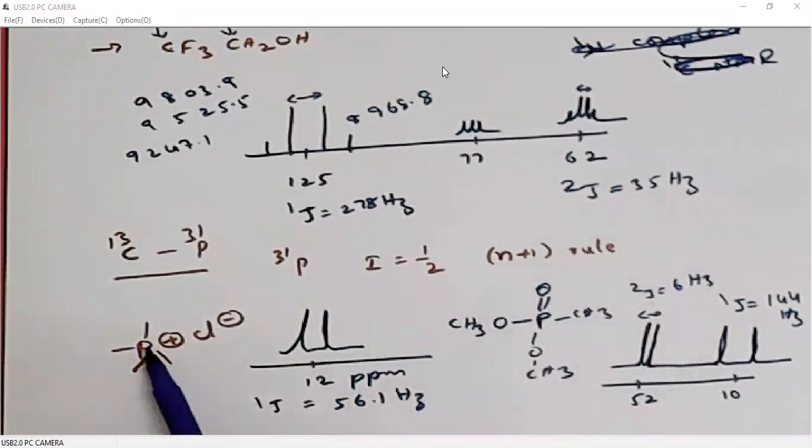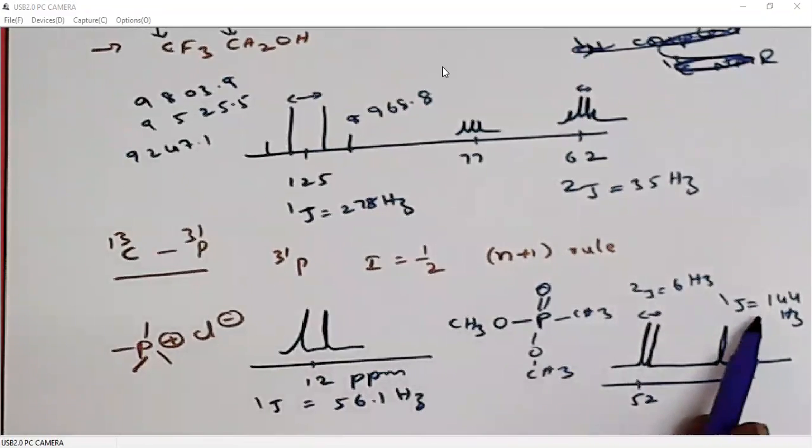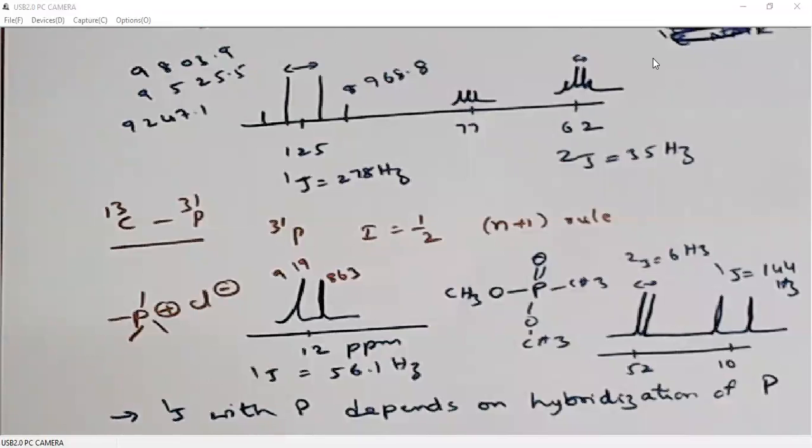When we change the hybridization state of phosphorus, the coupling constant will also change. So with increase in hybridization, we get a large coupling constant value. So the coupling constant value of carbon and phosphorus depends on the hybridization of phosphorus.